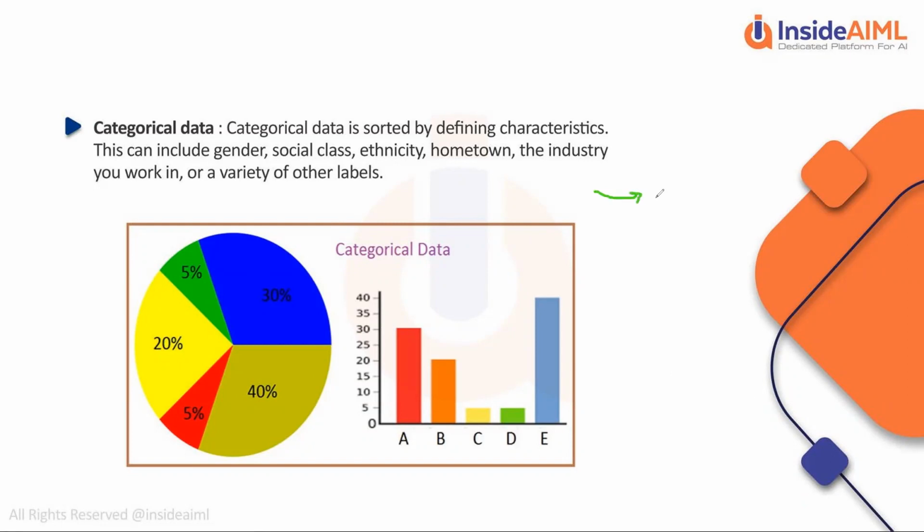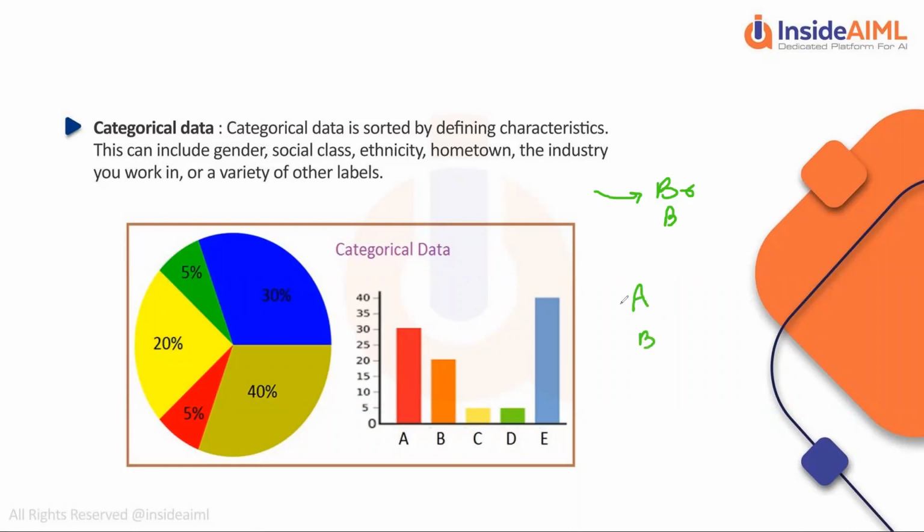The color of your hair could be brown or black. The color of your bike could be blue, black, or maroon. Your grades could be A, B, C, D, E, and so on.